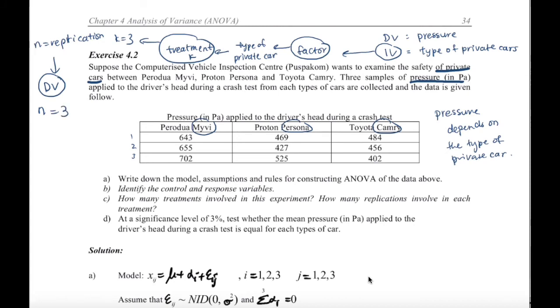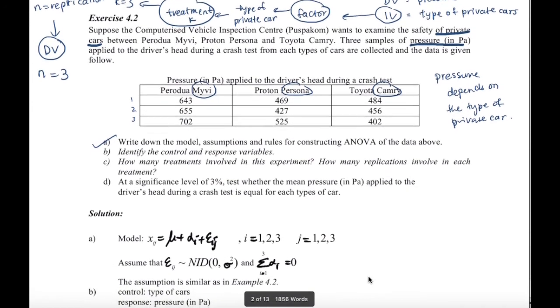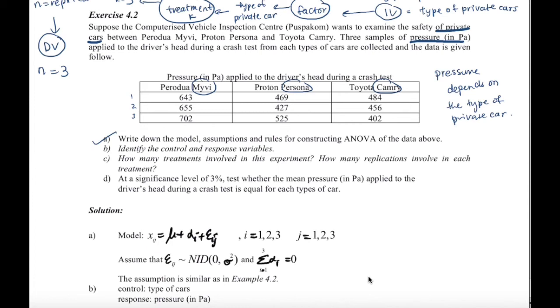Alright, A. Write down the model, assumption and the rule. So actually for A, you can just refer to the slides and then just write down the model. So this is the model where i equals 1, 2, 3 because K equals 3 and j is 1, 2, 3 because N is equal to 3. So this is the assumption.